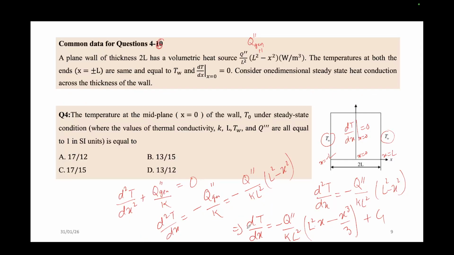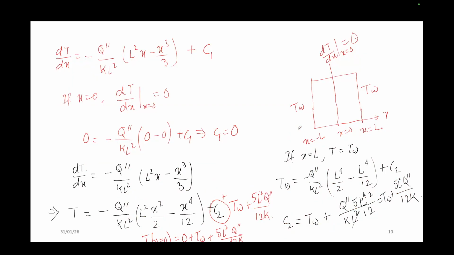Another thing is, given the value of the thermal conductivity, all of them is 1. So you just put 1 and tell me what is coming. TW, L, Q, K, everything is 1.